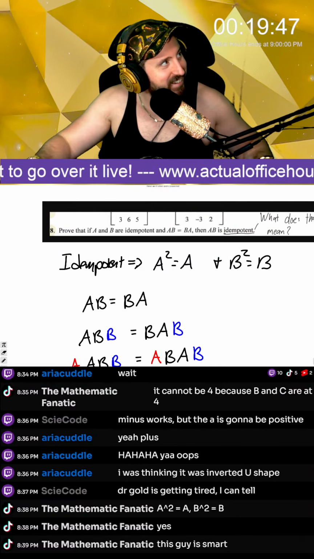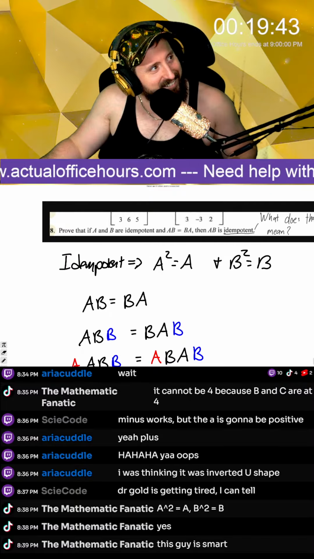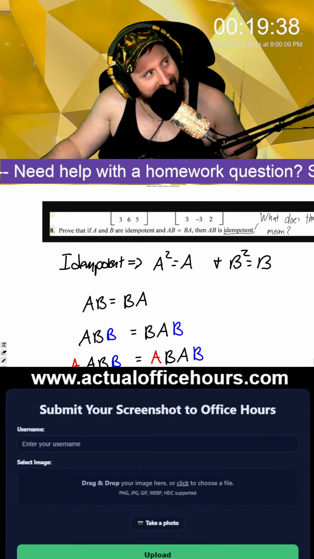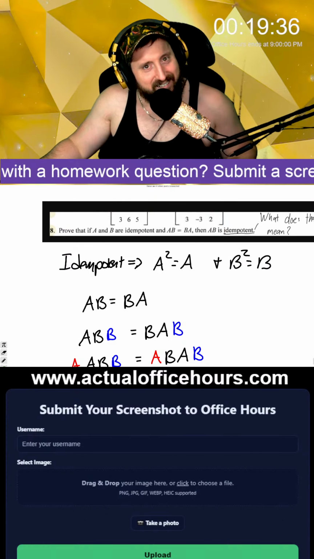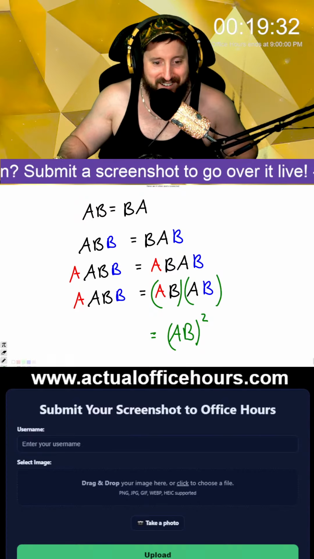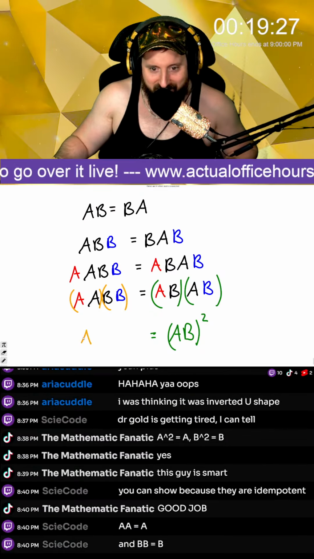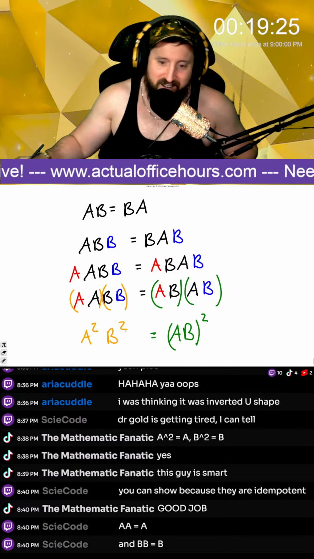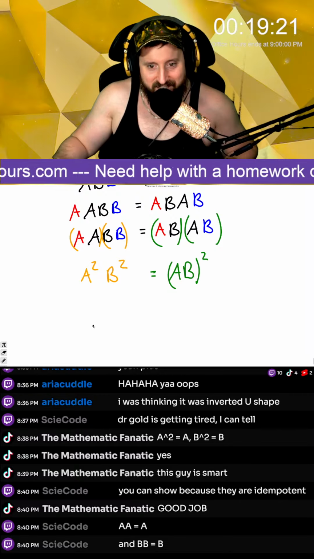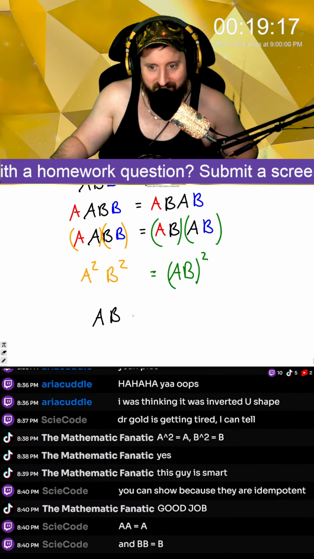And this is the same thing as A squared B squared. But then we said that A squared is equal to A. So this is A and this is B, which is equal to AB squared.